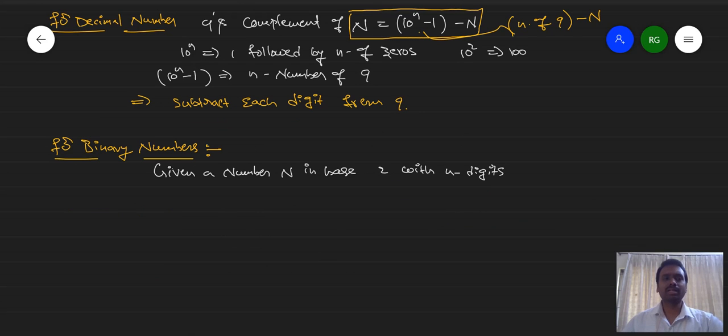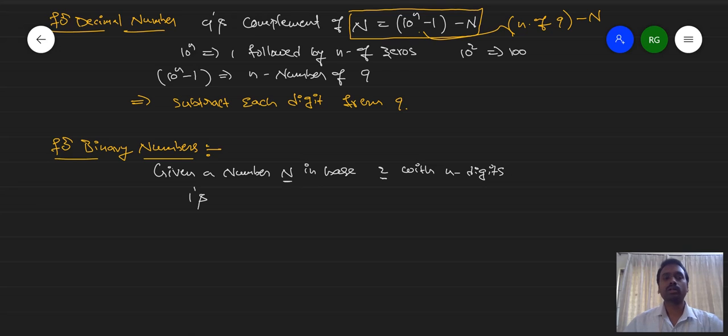In a similar manner, we can find the r minus 1's complement for the binary number system as well. So let us consider a number N in base 2, because the base of the binary number system is 2, with small n number of digits. Then the r minus 1's complement is nothing but the 1's complement, because the r value is 2, and r minus 1 is 2 minus 1, that is 1.